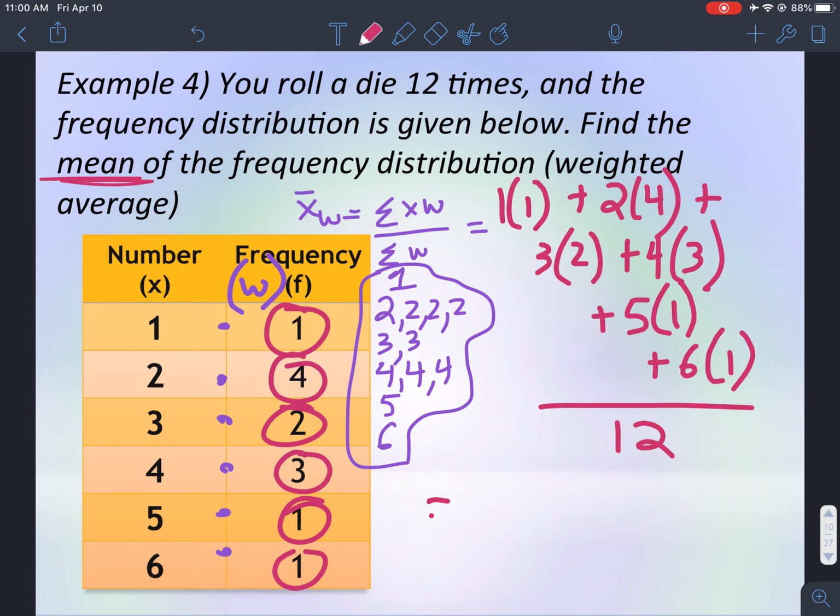Put that together, and we should get 38 divided by 12, and that's 3.167.